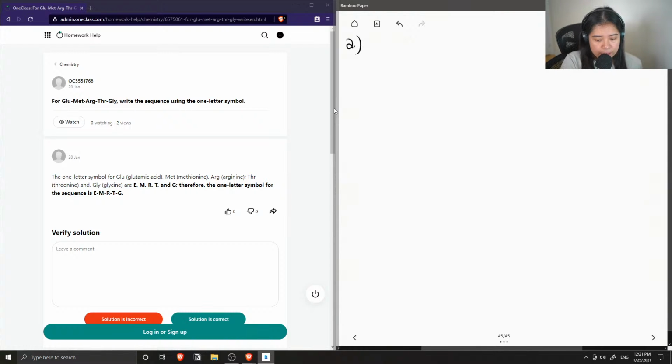So before we write out the one-letter symbols, let's first try to identify each of these amino acids based on their three-letter symbols. So for example, GLU is glutamic acid. MET is methionine.